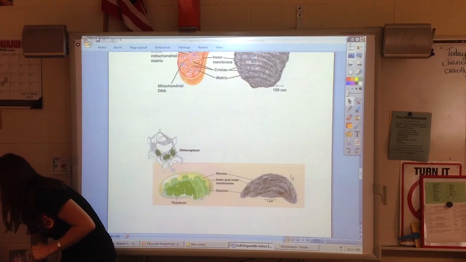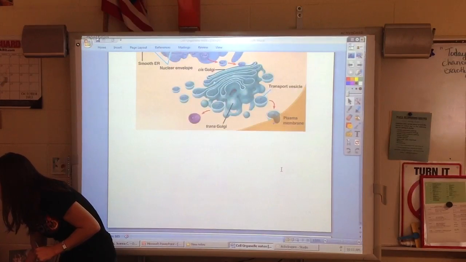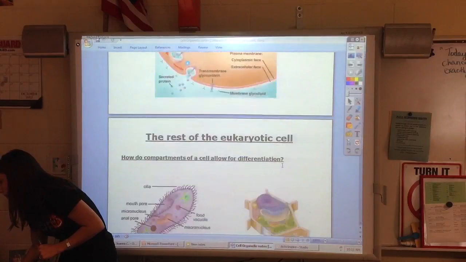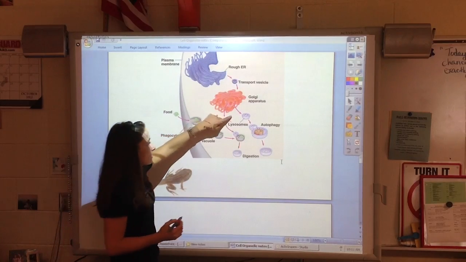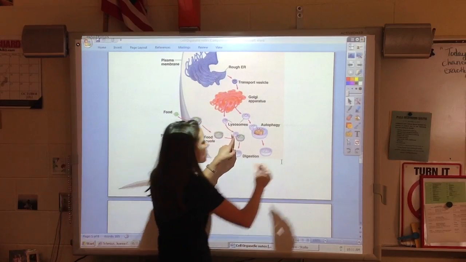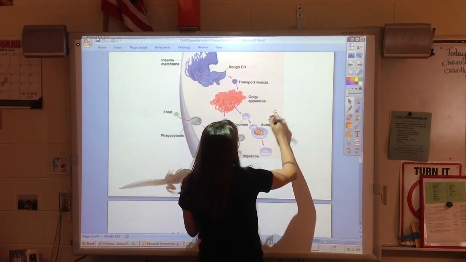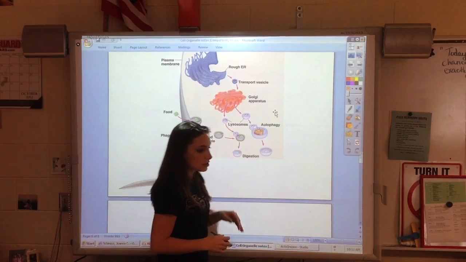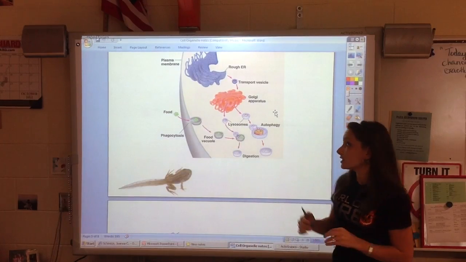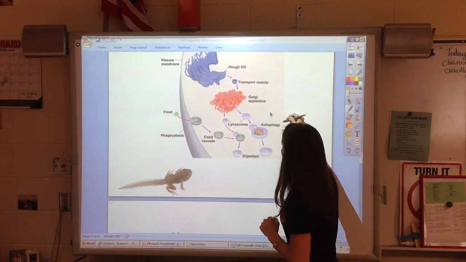So what we see is here we have our lysosomes, and so what we want to know about lysosomes is that this is a vacuole that contains digestive enzymes. So a lysosome is a vacuole that contains digestive enzymes.